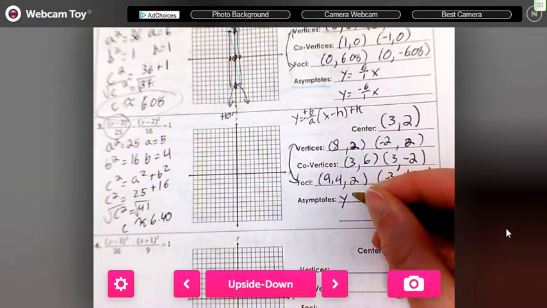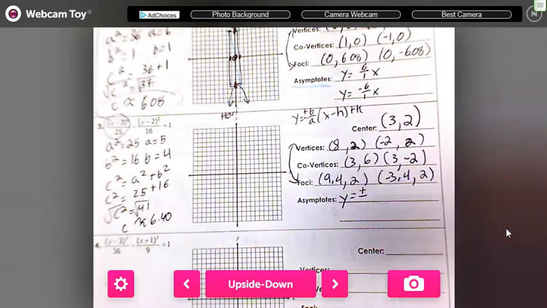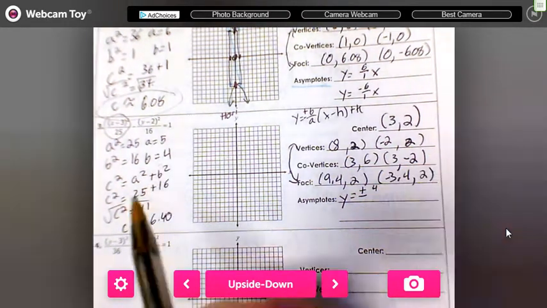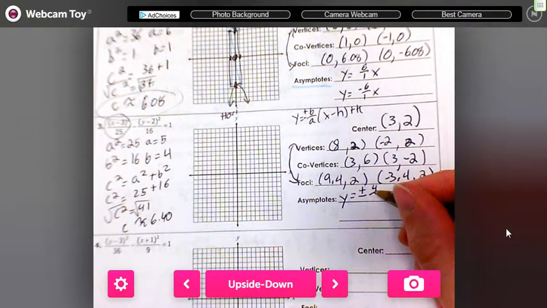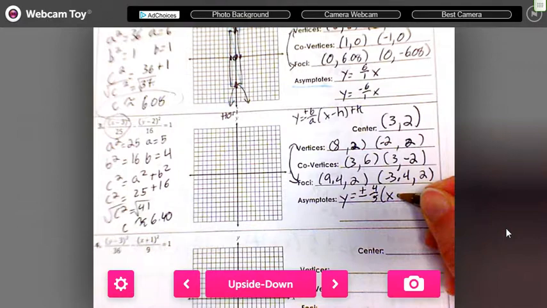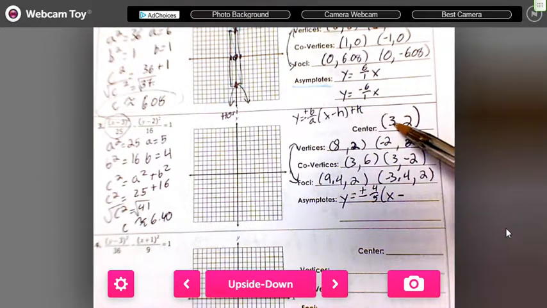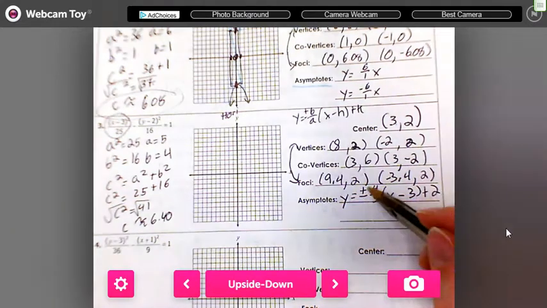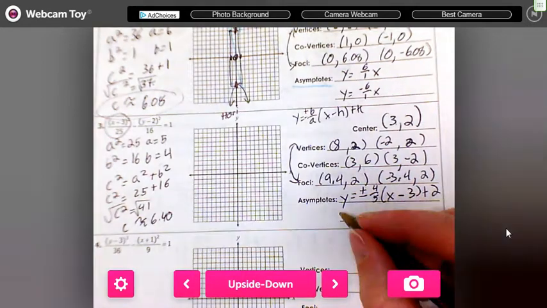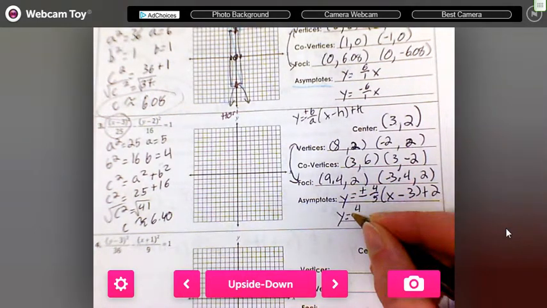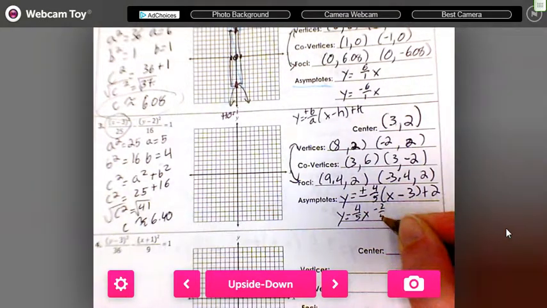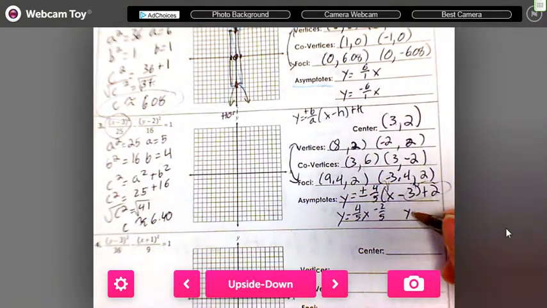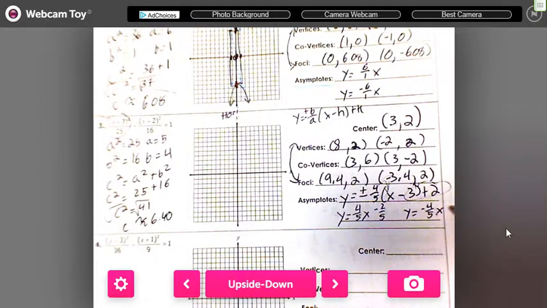So y equals plus or minus, the b value is 4, over the a value, which is 5, parentheses x minus the h value is 3, plus the k value is 2. Then we distribute and solve. So we get y equals 4/5 x minus 2/5, because I distributed and then added 2. And I get y equals negative 4/5 x minus 2/5.